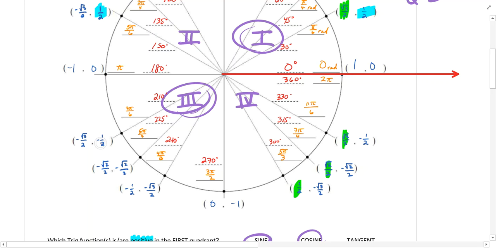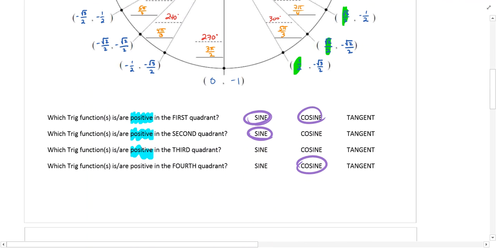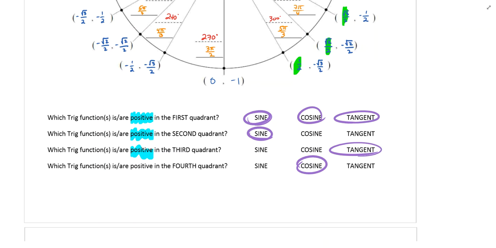A negative number, y, divided by another negative number, x, will produce a positive result. So again, which trig functions are positive in the first quadrant? Well, we now know that tangent is going to be positive in the first quadrant, but not the second or the fourth because the signs of the components are different. Tangent is positive in the third quadrant.